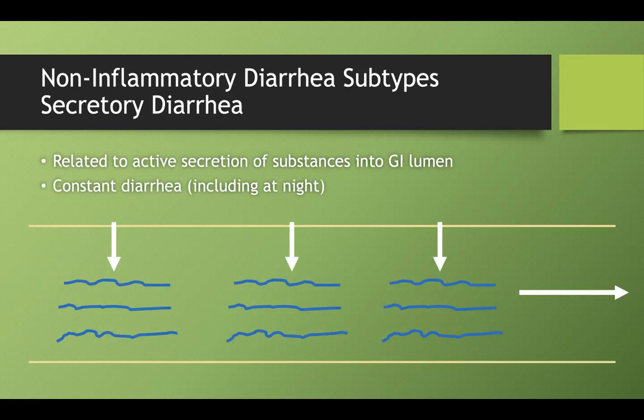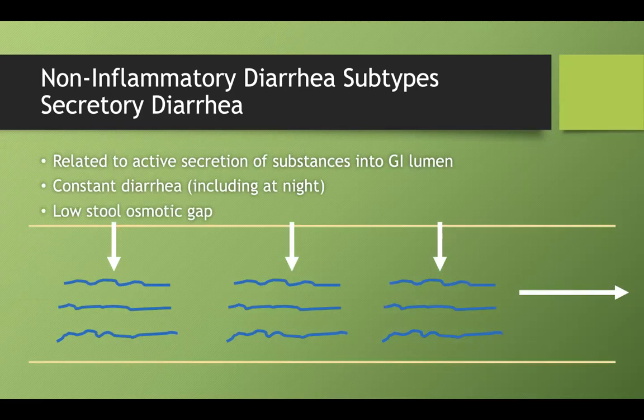And that's an important distinction. Remember, osmotic diarrhea won't cause nighttime symptoms because there's nothing in your GI lumen that's promoting that release of water into the lumen and as feces. In the case of secretory diarrhea, it's through an entirely different mechanism, so you'll still get nighttime diarrhea.